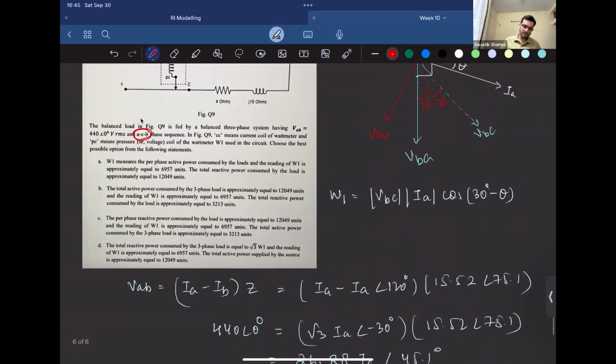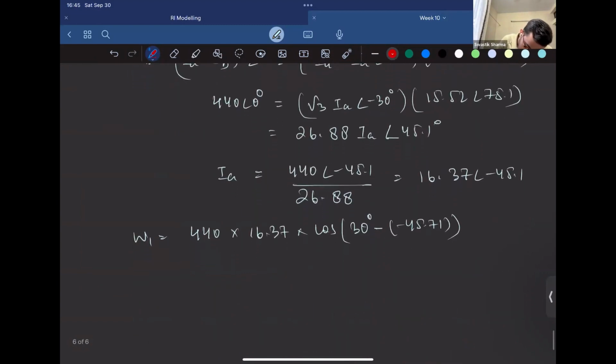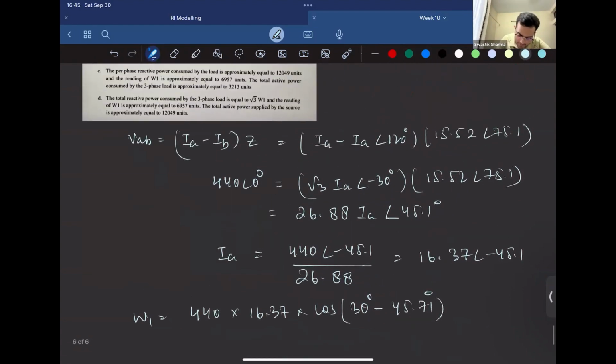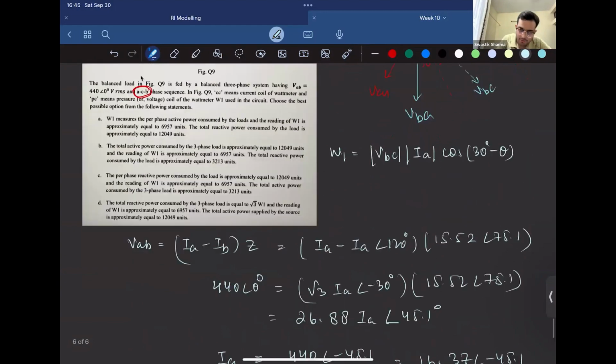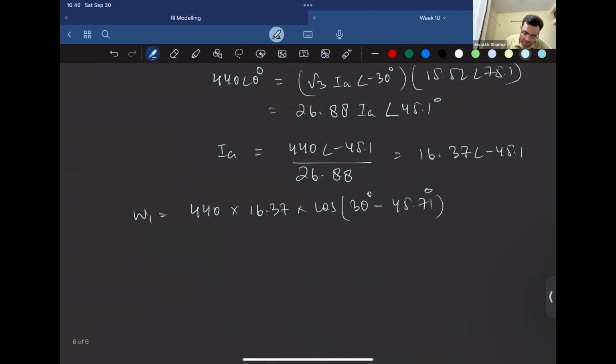Oh yeah, sorry. Since I've already taken direction, why should I write minus over here? Excuse me for this mistake. What was coming out wrong is that I've already assumed direction here, so theta is already negative. I don't have to use this negative sign and negate it over here. That's what was causing it.